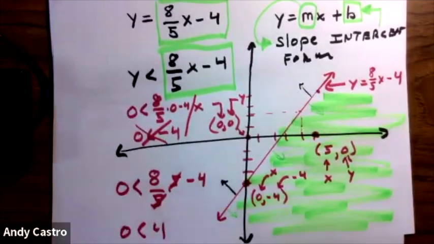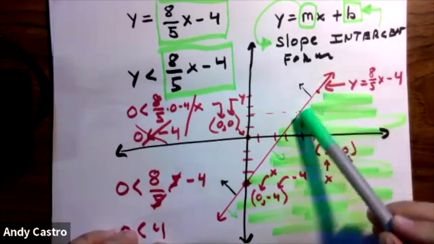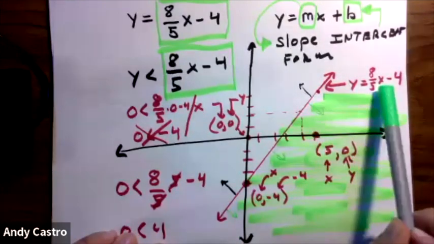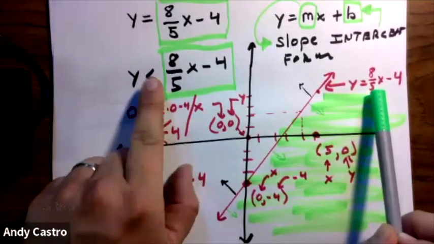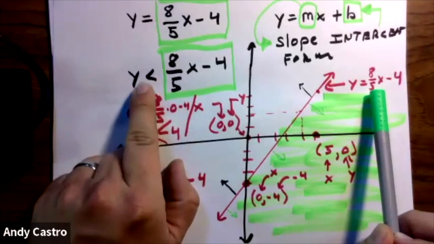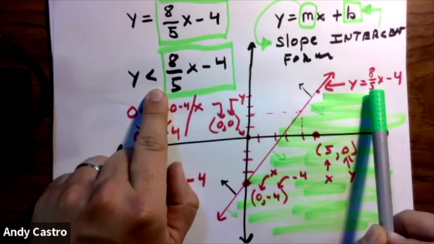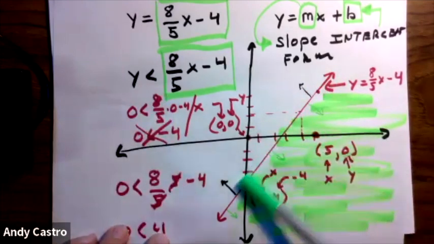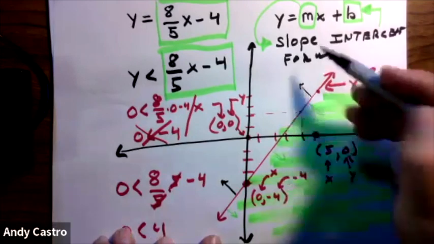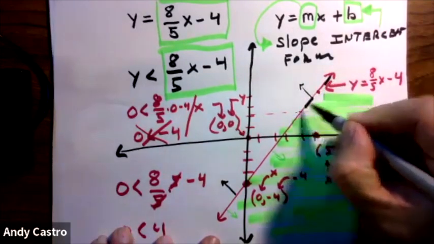Okay? Now, the other thing we need to understand is that all the points on this line create an equal relationship, not a less than. And I don't have a line here to say less than or equal to. So because of that, this is not a solid line. This is actually a dashed line.